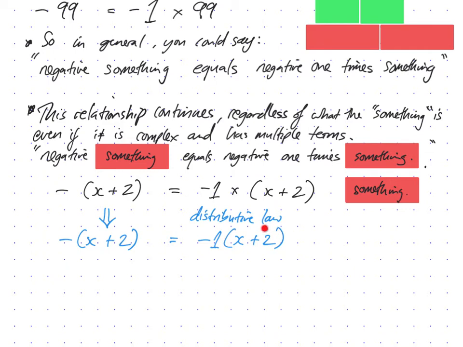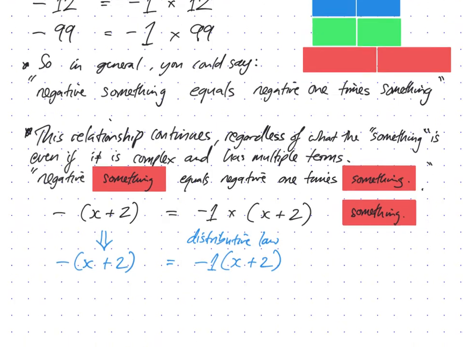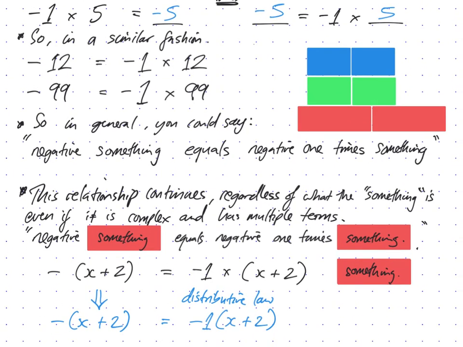So we have this statement with an equal sign that says that this expression here, negative of the brackets x plus 2, is equivalent to negative 1 times the x plus 2. This is the same as this. Hopefully you can see the link there. Negative, instead of 99, it's x plus 2 this time. And that is equivalent to negative 1 times x plus 2, whereas before it was 99.